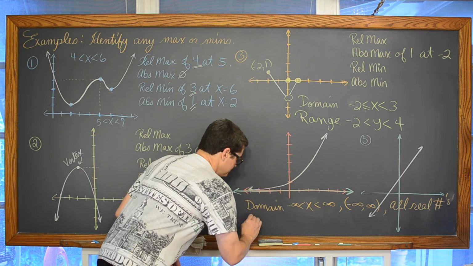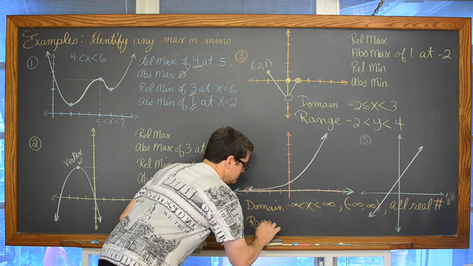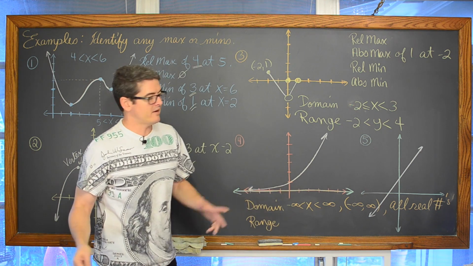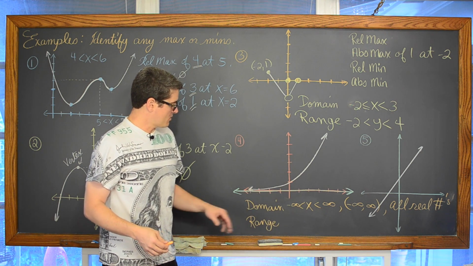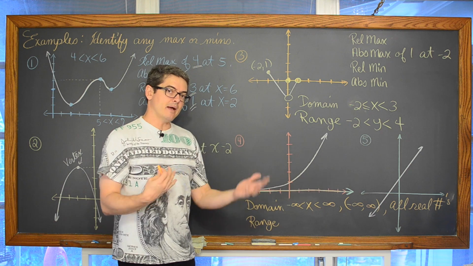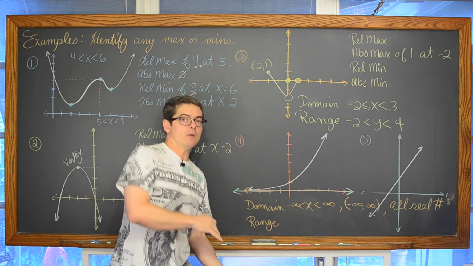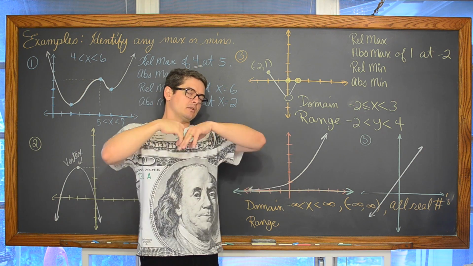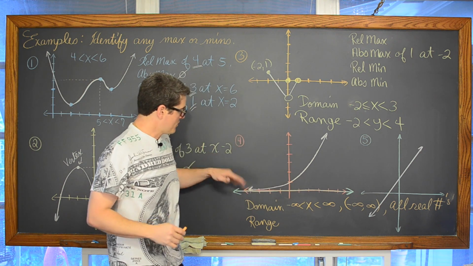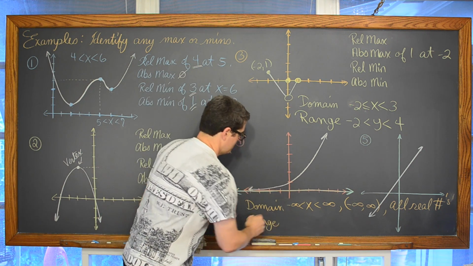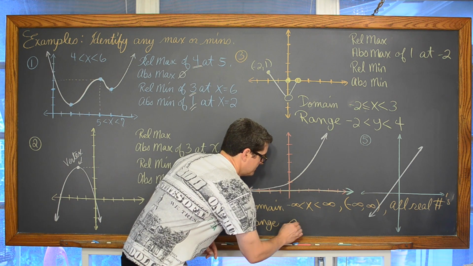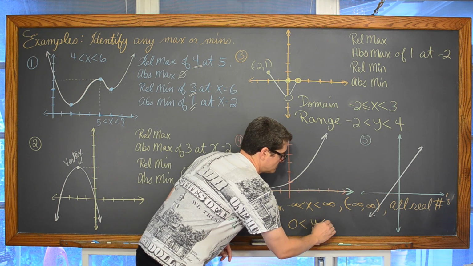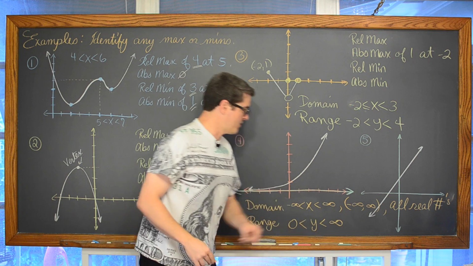Now the range, the output values, the y values, is what we're dealing with when we're identifying max and mins. What's the lowest y? What's the greatest y? Is it happening on an open interval? Is it the lowest y in the entire domain? Well, the range of this graph is approaching 0, and then going up forever.